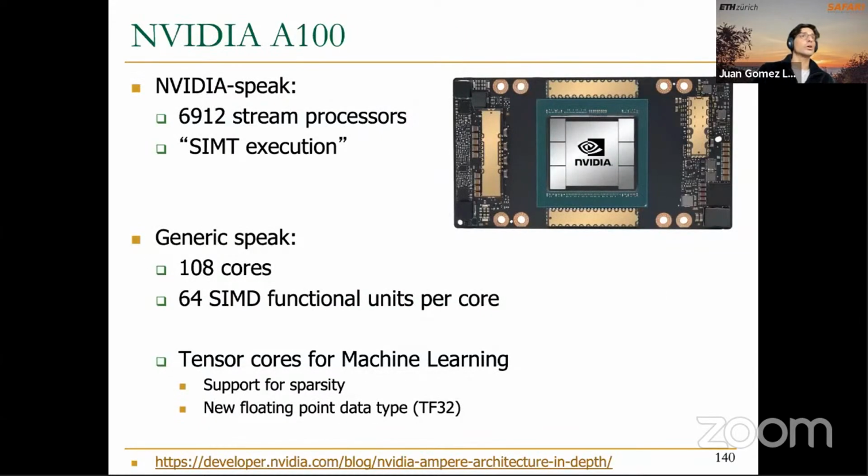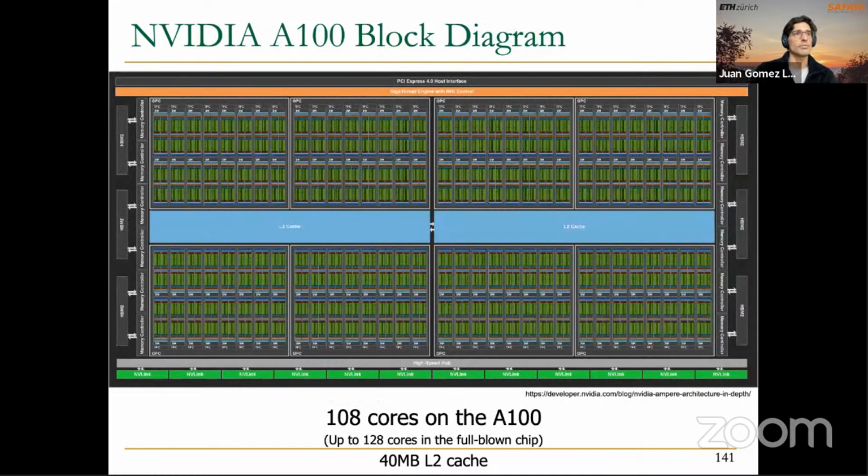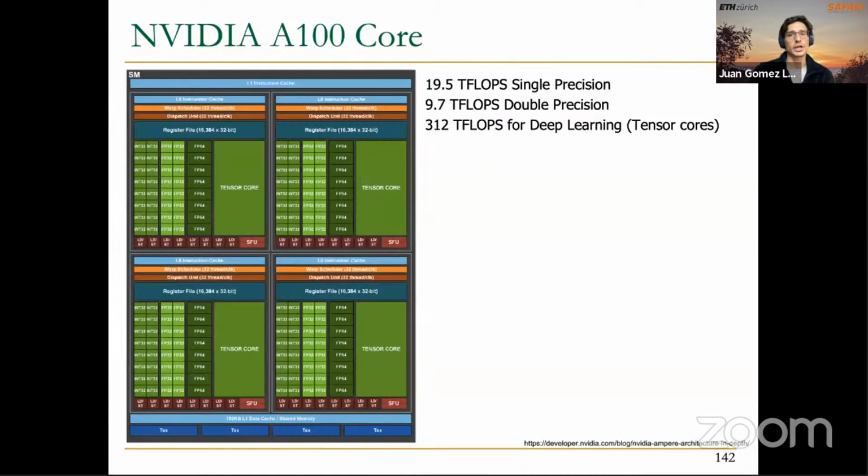More recently, regarding NVIDIA GPUs, the A100 was launched last year. It has essentially the same idea as the previous generation, but now more powerful, with more support for machine learning workloads, even some support for sparsity. It's an even larger die with more cores, 108 cores in the most powerful GPU so far.